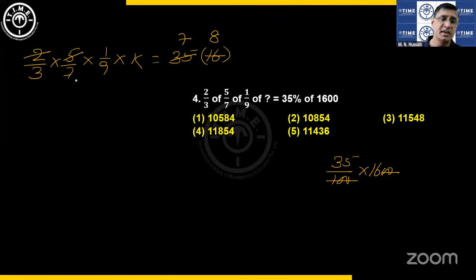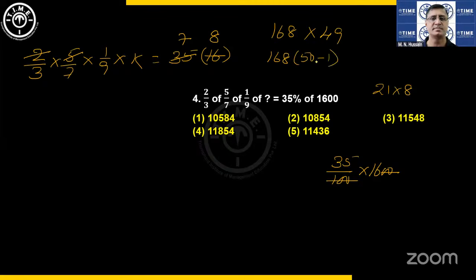Now look at 7 into 7, that is 49. Now 3 into 7, 21. 21 into 8, 168. Now 168 into 49. Here I am assuming 49 as 50 minus 1. 50 means half of 100.